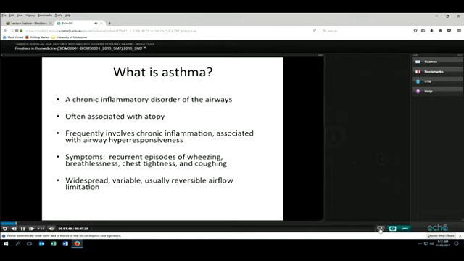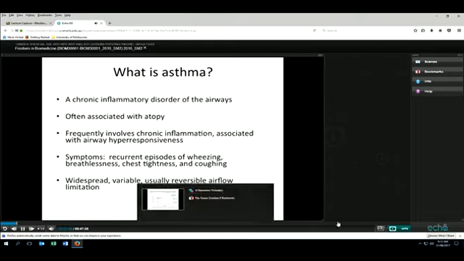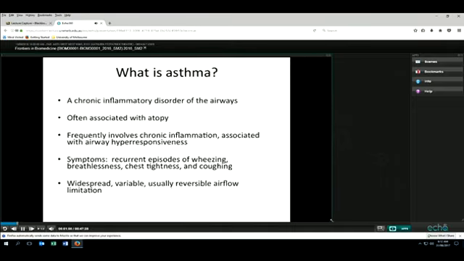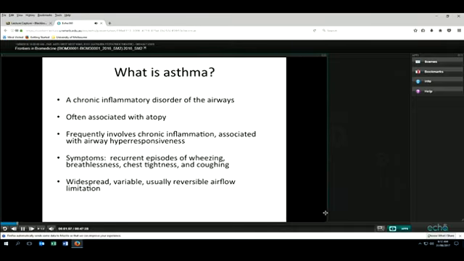So we'll start with asthma, and that might be something that some of you have already had a personal experience of, either yourselves or people that you know very well. This is a chronic inflammatory disorder of the airways. Sometimes it can exist on its own, but frequently it's associated with atopy, so hay fever or eczema are associated conditions that are immune-driven.